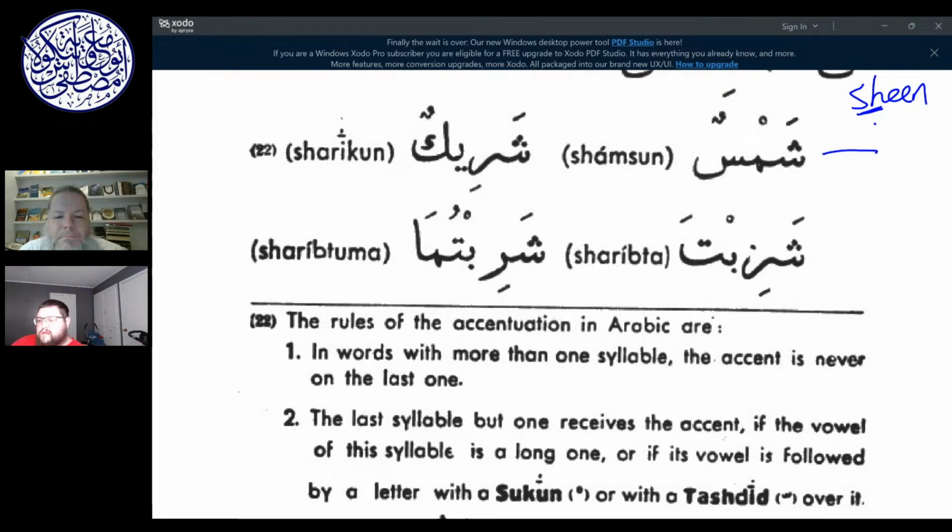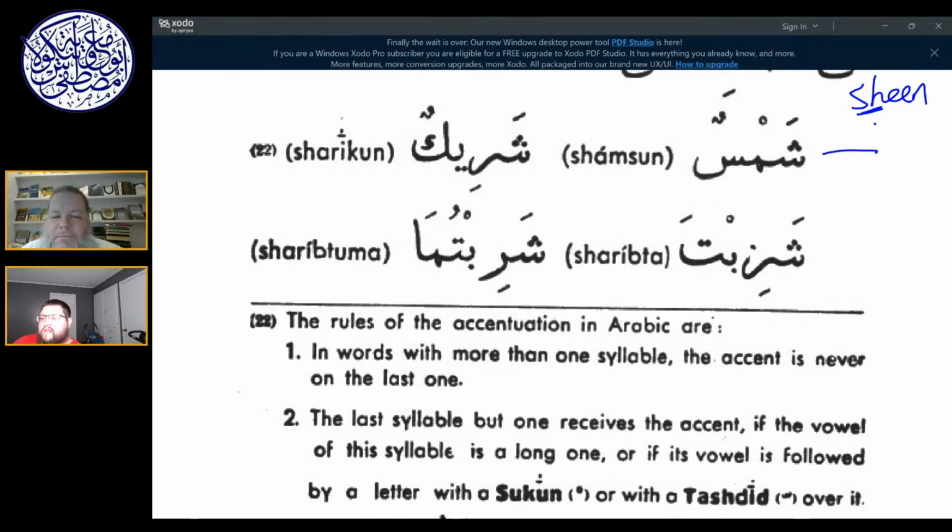Sharib. Sharibtuma. Not long. Just make the t short.